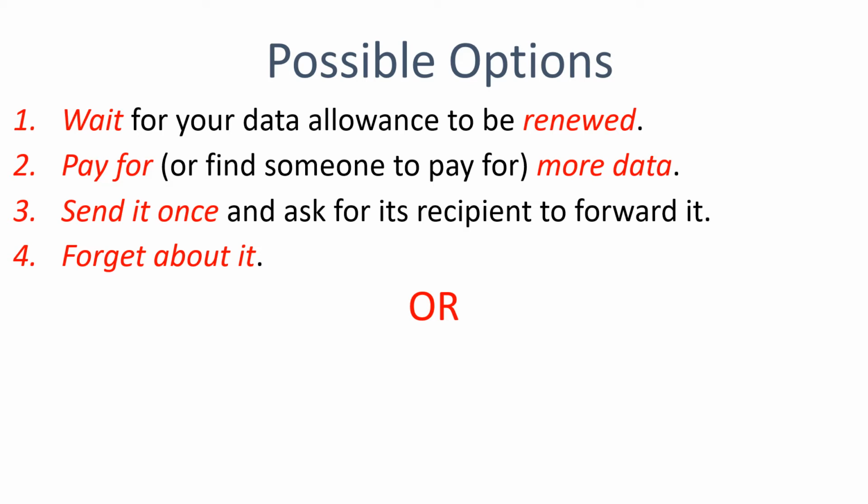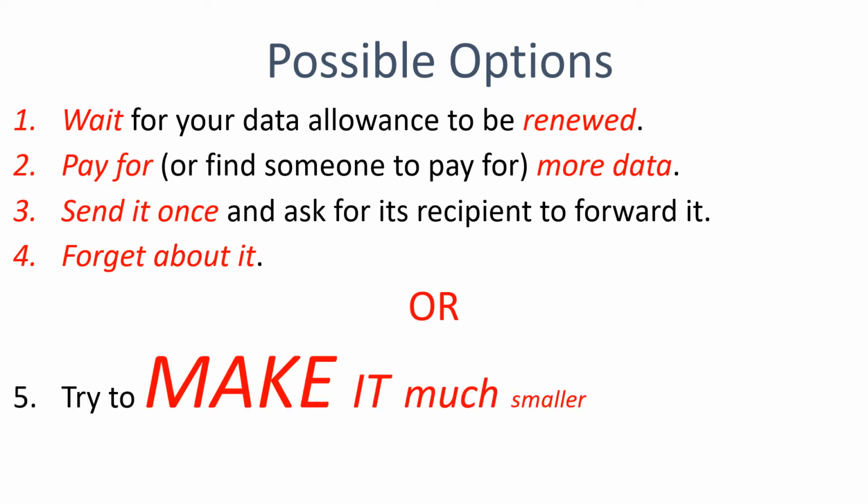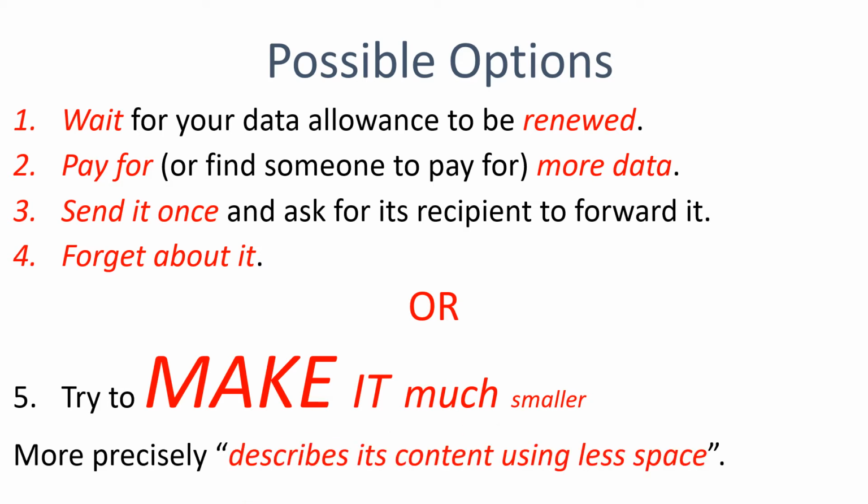There is another alternative. You could take your image and you could try to make it much smaller. In other words, you want to describe the content but using far less space than the actual photograph occupies itself.